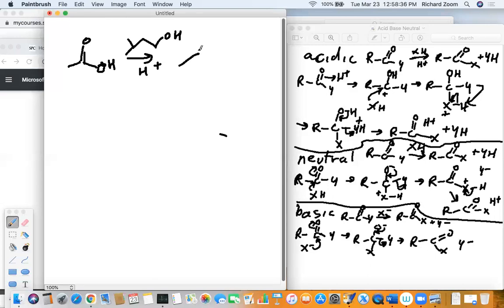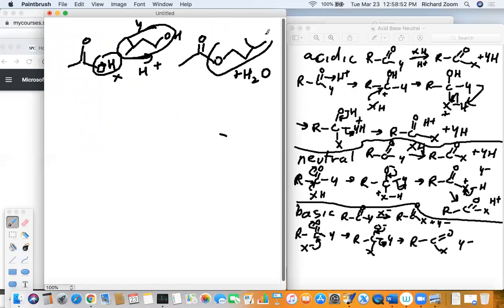All right, so this is what we had decided was the product. Does anybody have any questions about getting this product just by not doing the mechanism? Y, X. There's your Y group there, and the X group is with the OH here.